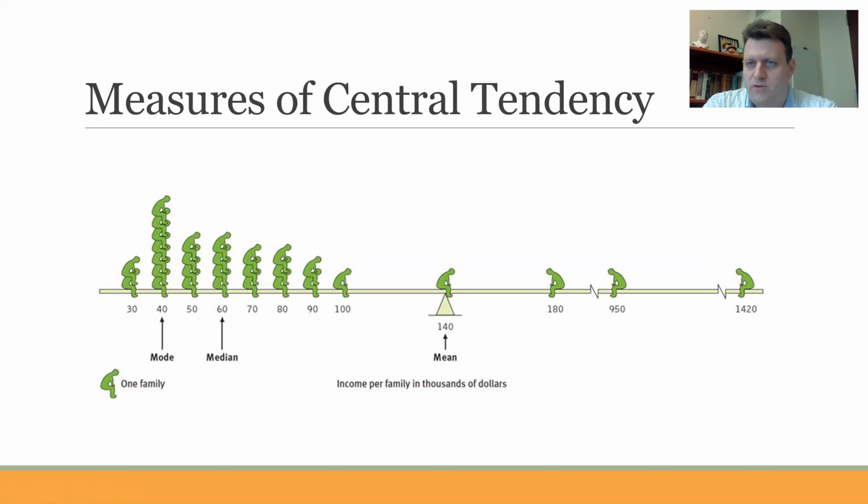Let's suppose that you are living in a neighborhood, and right where you're at, the middle value, the average of the neighborhood, how much money the household makes, is around, let's say, $60,000 a year. $60,000 a year. All right. And that's a good representation of everybody in the neighborhood.